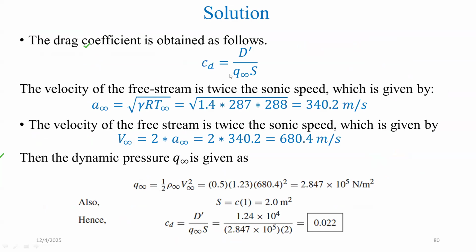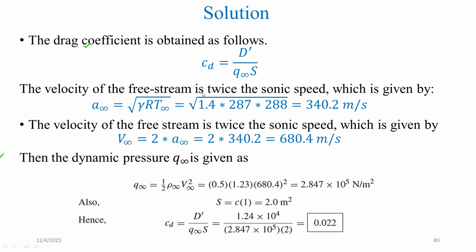So in order to calculate CD, we have to calculate first the dynamic pressure. And to get the dynamic pressure, we have to calculate the free stream air velocity. The velocity of the free stream is twice the sonic speed. Sonic speed means sound speed.